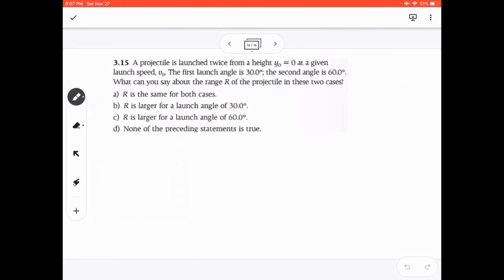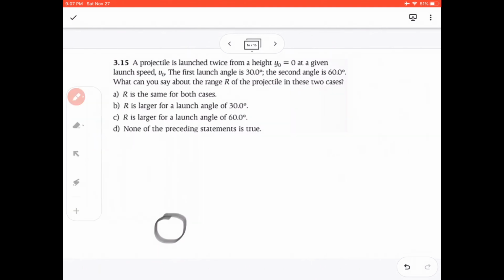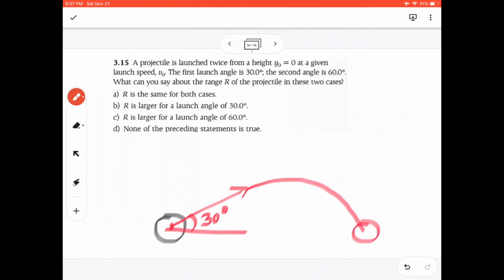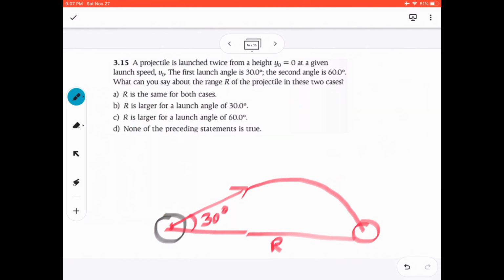If you launch a projectile at 30 degrees, it will reach this approximate range R, and if you launch it at 60 degrees, it will also reach this same range.